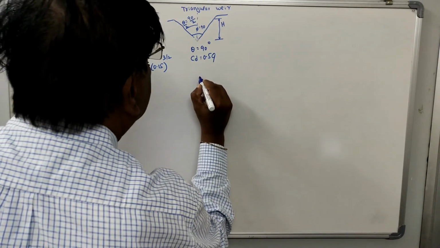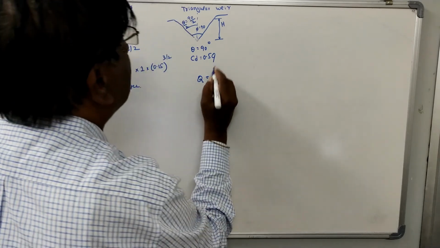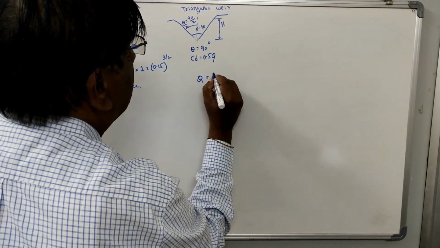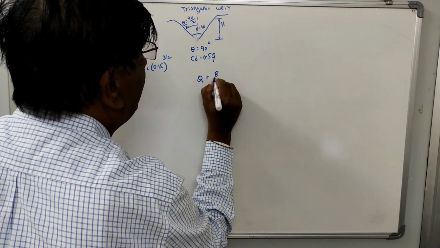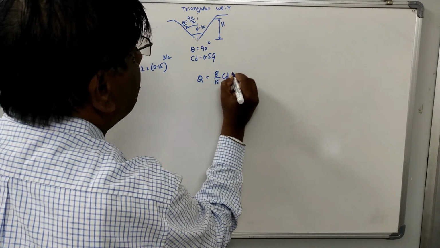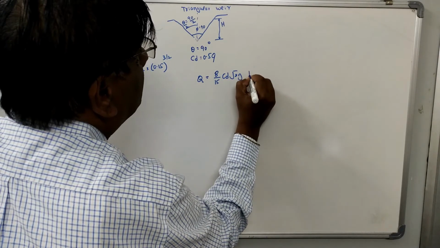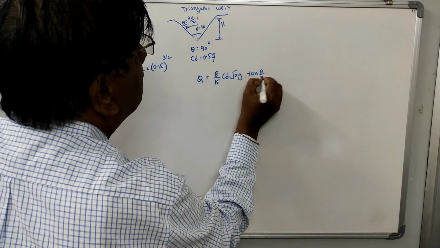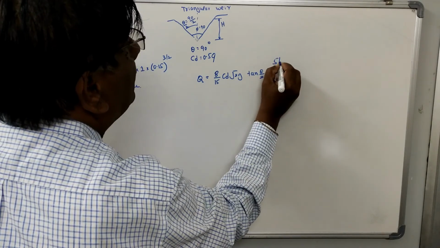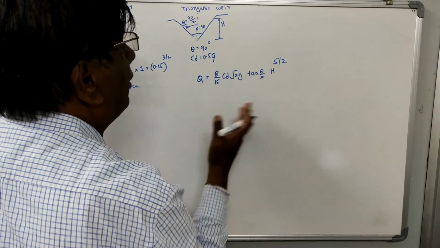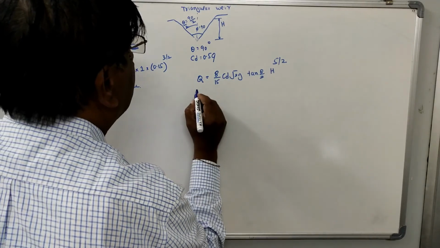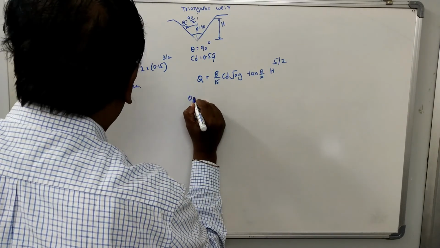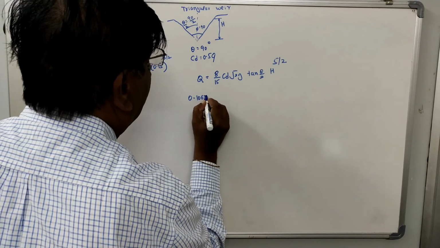Now you can make use of the discharge equation for the triangular notch. It is 8 by 15 CD root 2g tan theta by 2, then H raised to 5 by 2. In this all values are known except H. Q is 0.10635.